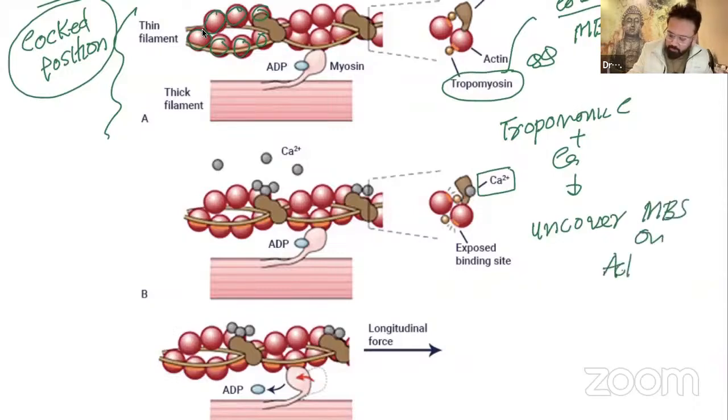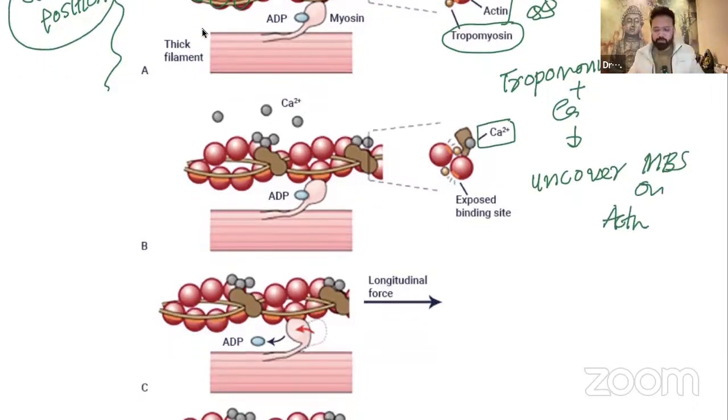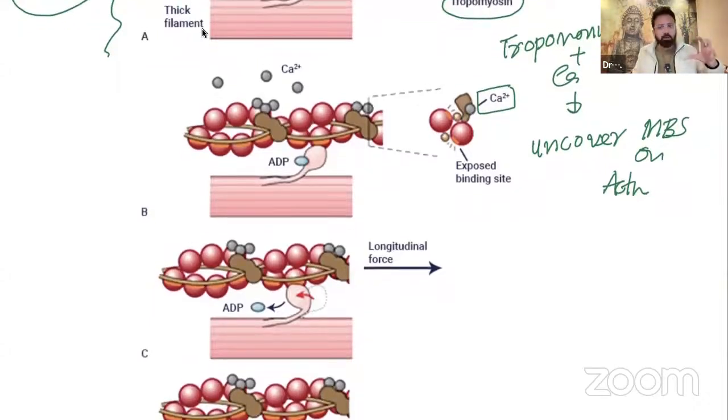Wonderful. Perfect answer. So what happened when calcium comes, doctors? When calcium comes, it combines with troponin C to cause conformational change to uncover the myosin binding site on the actin filament. And actin and myosin will combine together to cause contraction. Isn't it?